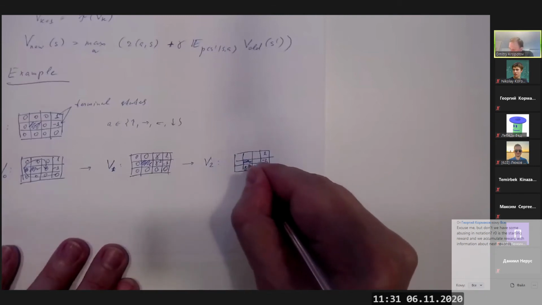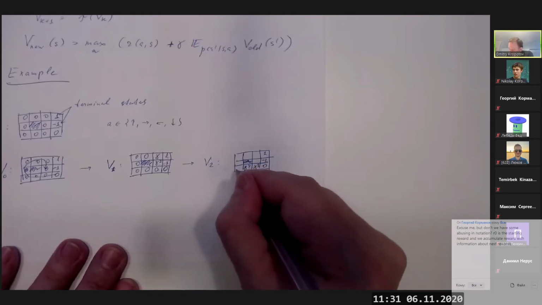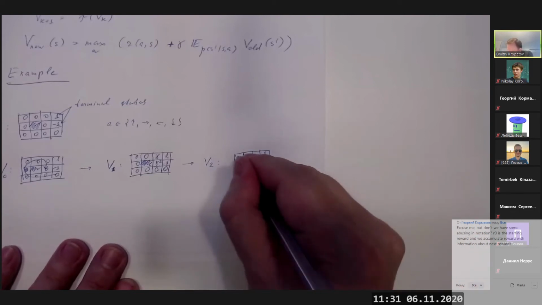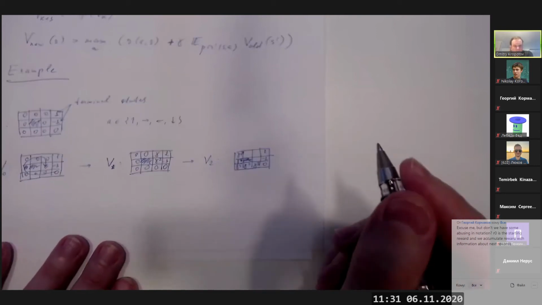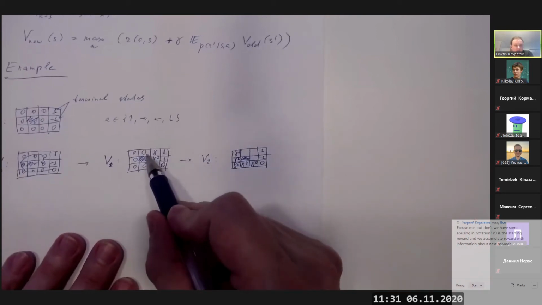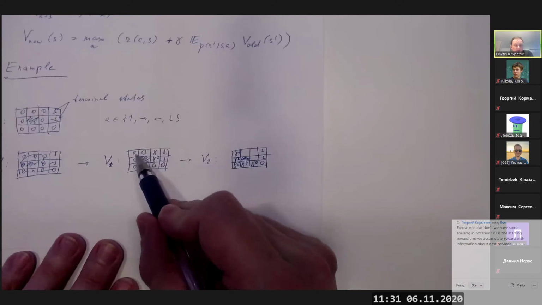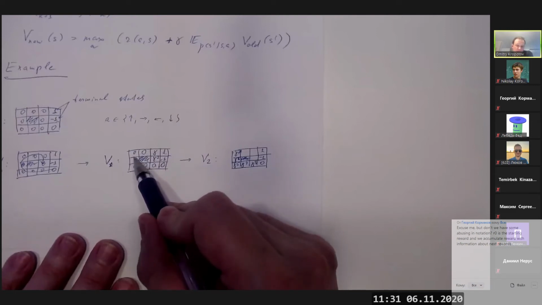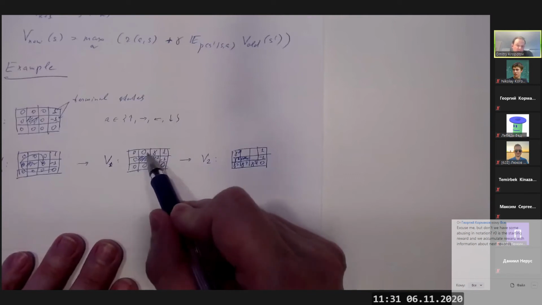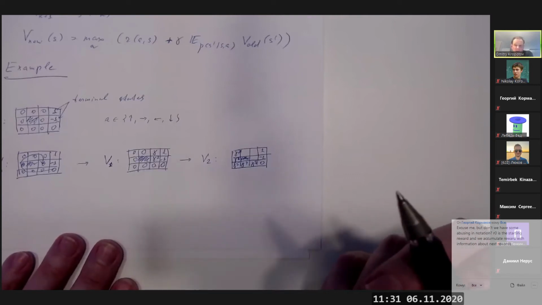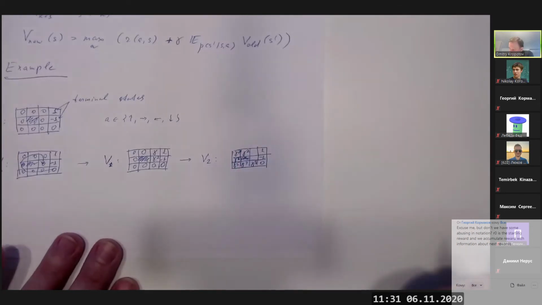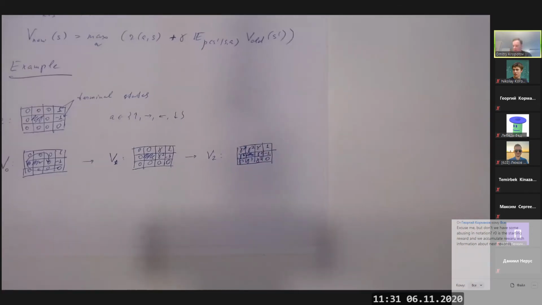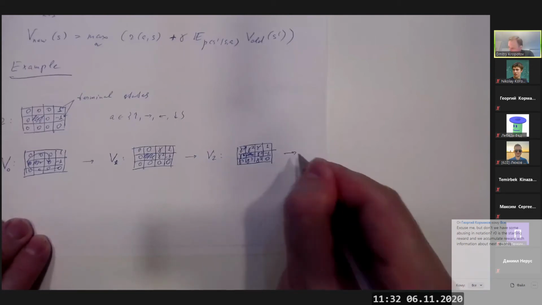Then go here, gamma to the power of 4, 5, 6, 7. Then at this position, we look left and right. To the left, we get gamma to the 8th power, and to the right, gamma to the 2nd power. So this is gamma squared, gamma squared. V2.